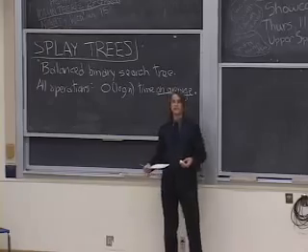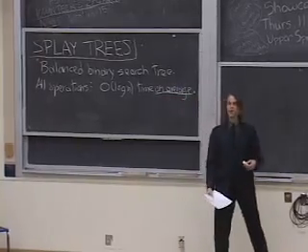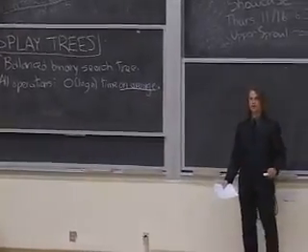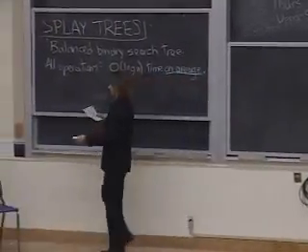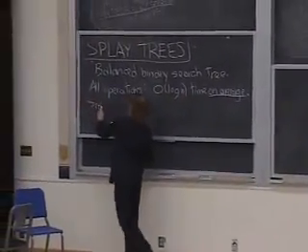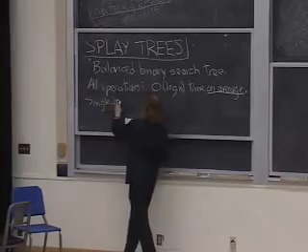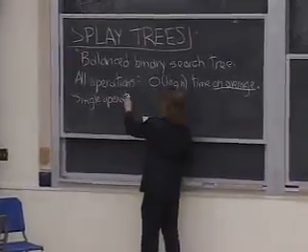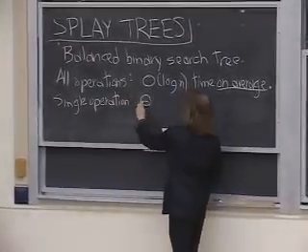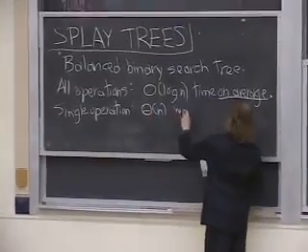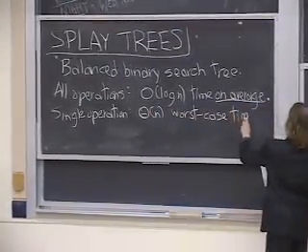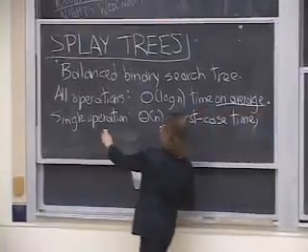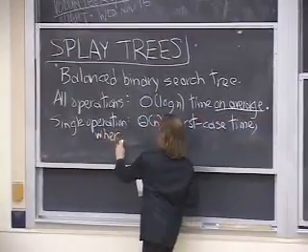What's interesting about Splay trees is that some of the operations can be very slow. So you're not guaranteed that every operation will take log n time. In fact, a single operation could take linear time in the worst case, where n is the number of items in the tree.